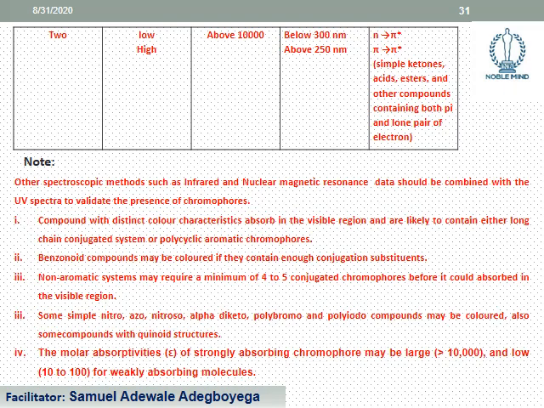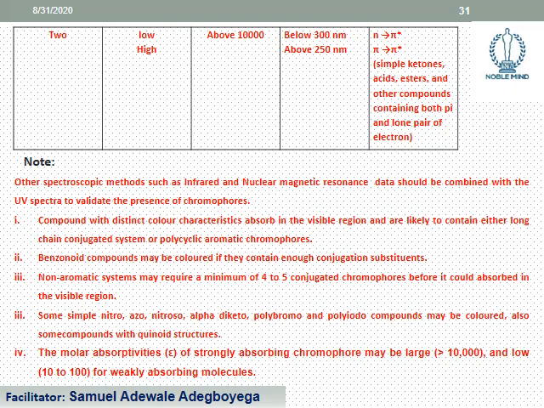In the visible region, there are compounds with distinct colors. They absorb in the visible region, and we try to give different types of chromophores that you can have here: long chain conjugated systems or polycyclic aromatic chromophores.